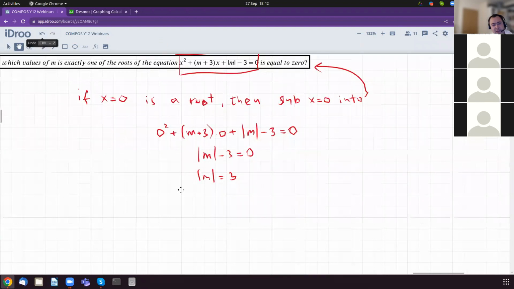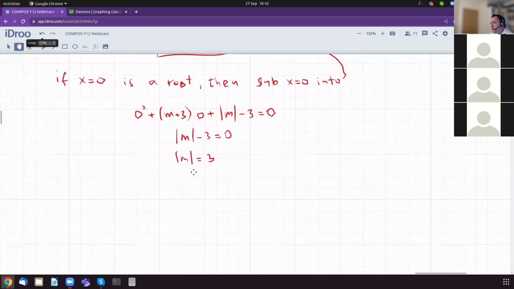Now, you don't need to know much about the modulus. Type 0, please, if you have never heard about modulus or absolute value. Okay, quite a few of you. Modulus and absolute value are the same thing, and I'm happy to explain that.